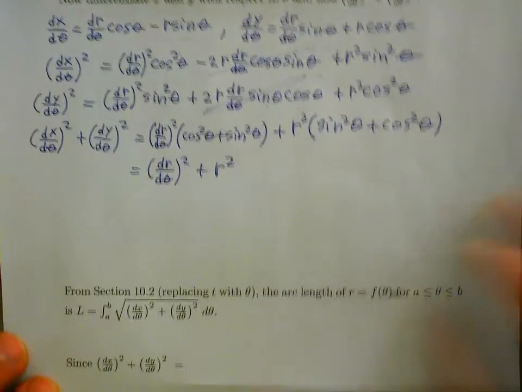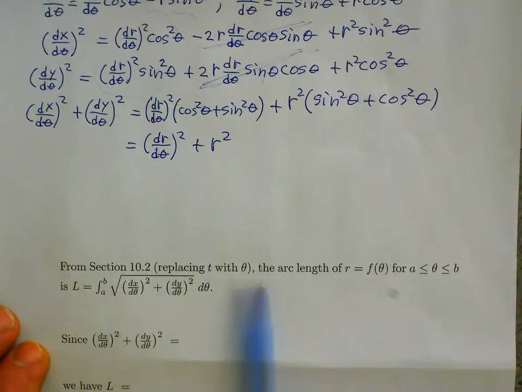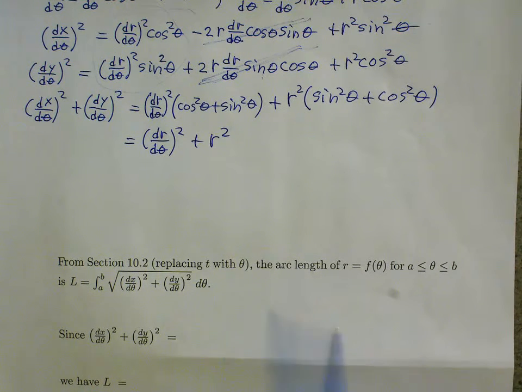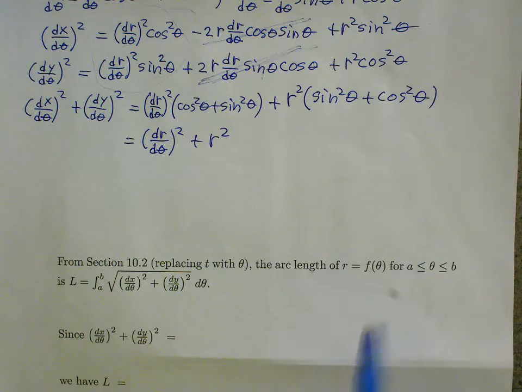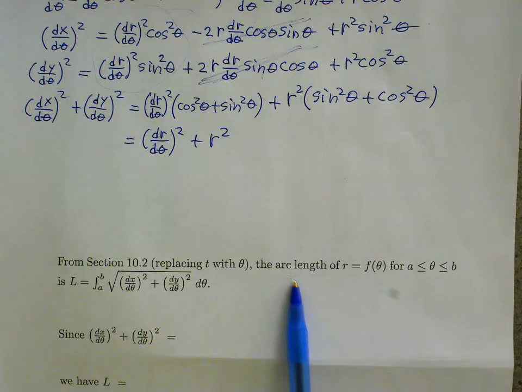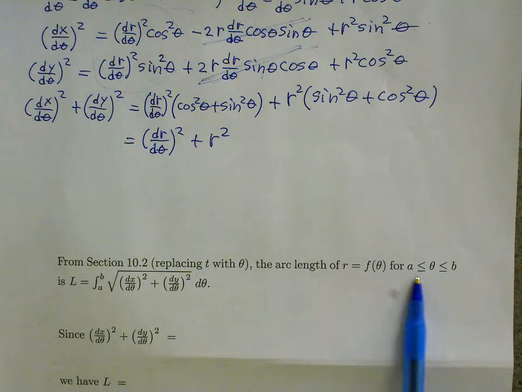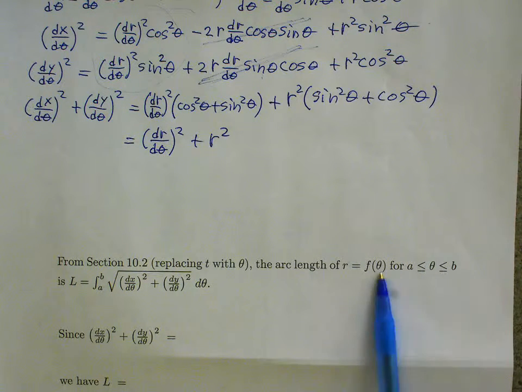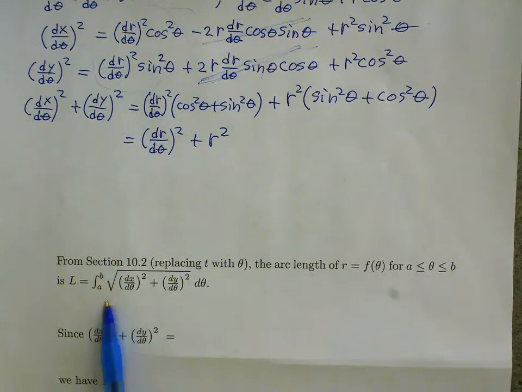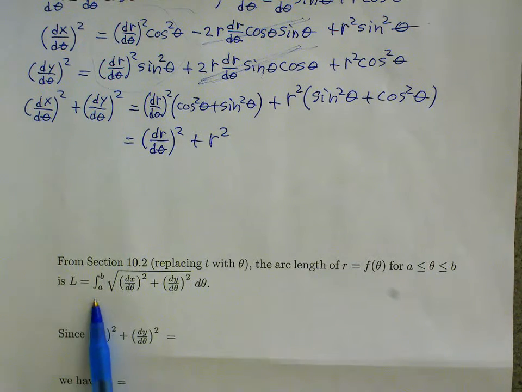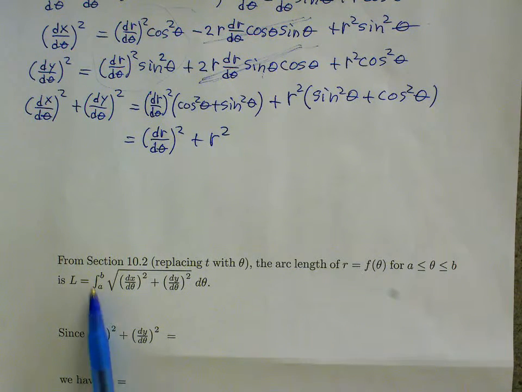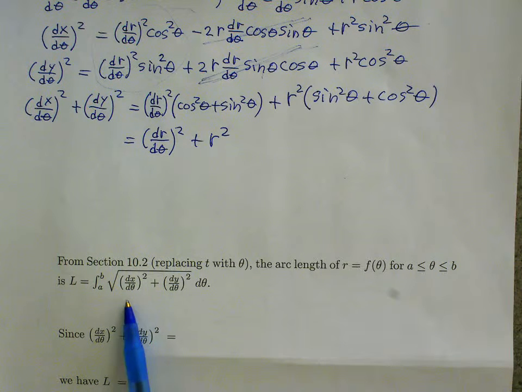Okay, well, remember from section 10.2, if we replace t with theta, the arc length for r equals f of theta for values of theta between a and b is the definite integral from a to b of the square root of dx d theta squared plus dy d theta squared.